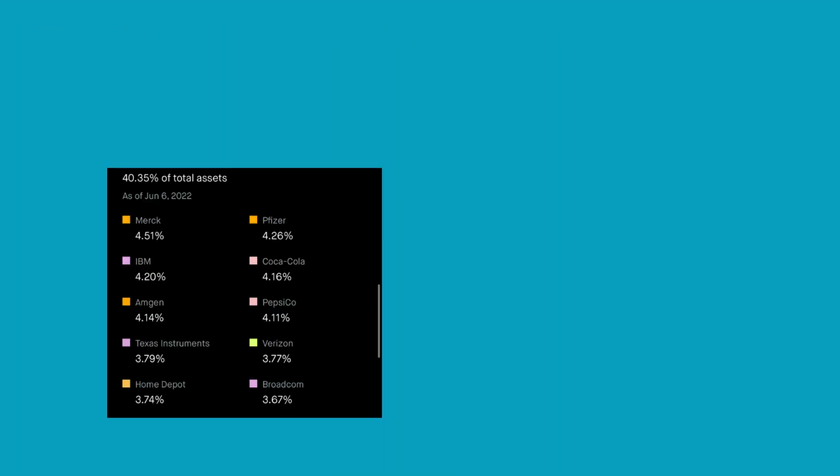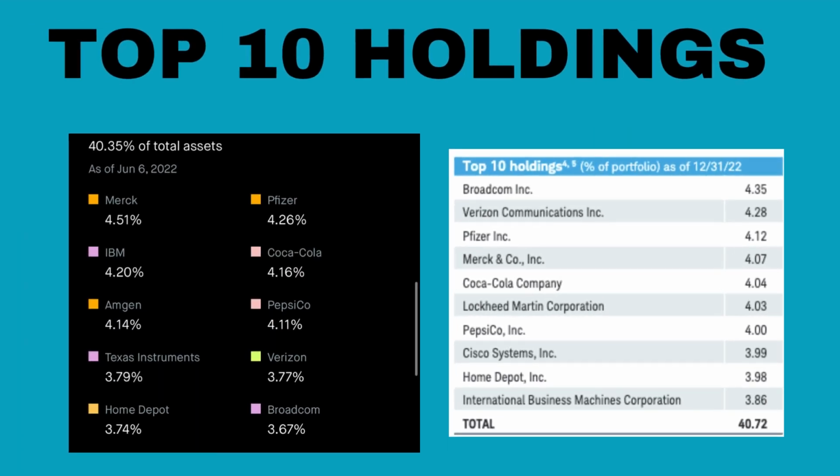But what I wanted to show too, right? Because I did a video about SCHD last year around June. If you compare the top 10 holdings from last year to the most recent update, you can see there were some slight changes. Amgen is gone, and Texas Instruments is no longer in the top 10 holdings.